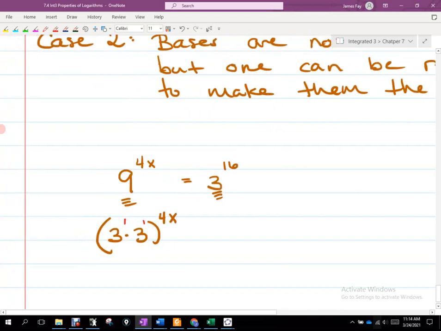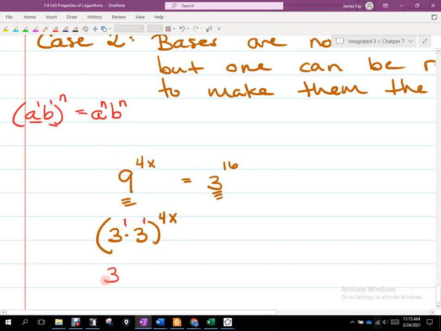You remember a product A, B raised to the n power, and we rewrote that as A to the n, B to the n. Basically, you just distribute that n to those exponents. Can I do that here? A is this 3, B is this 3.